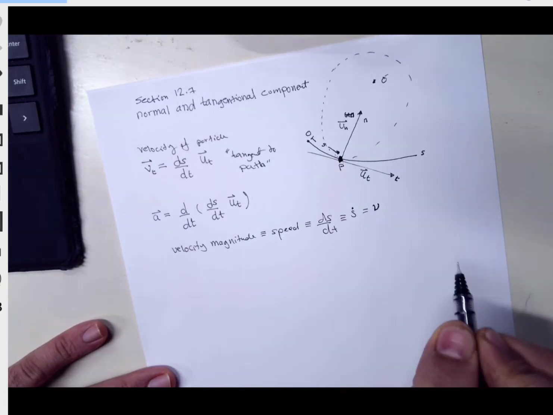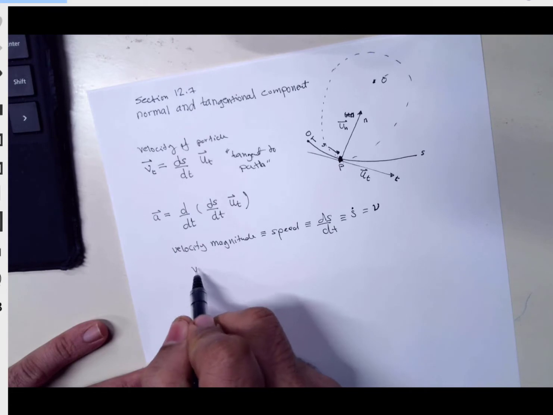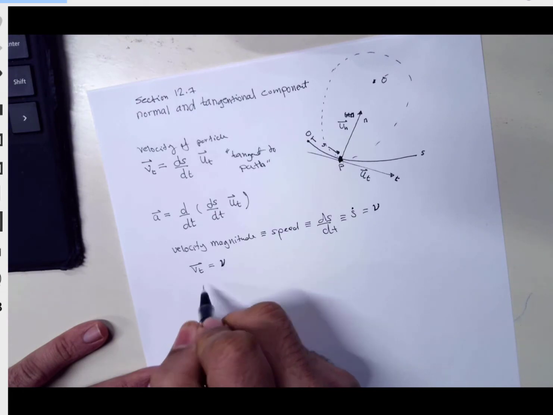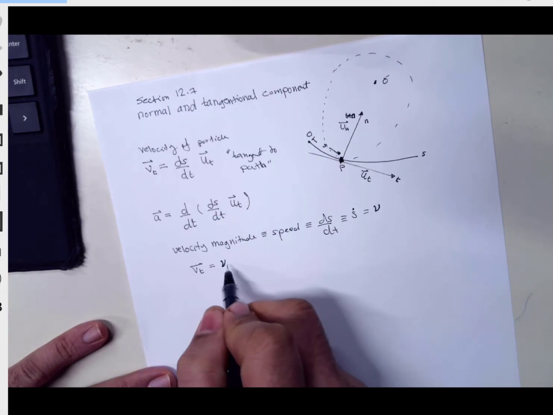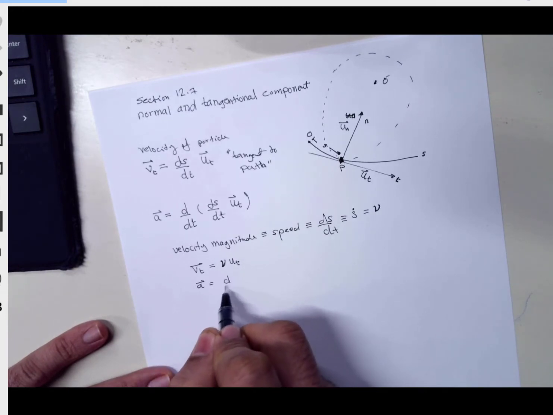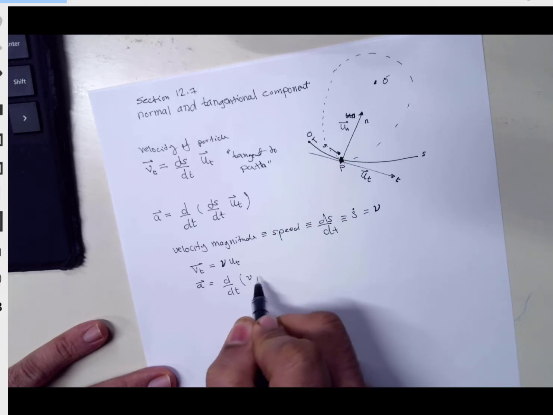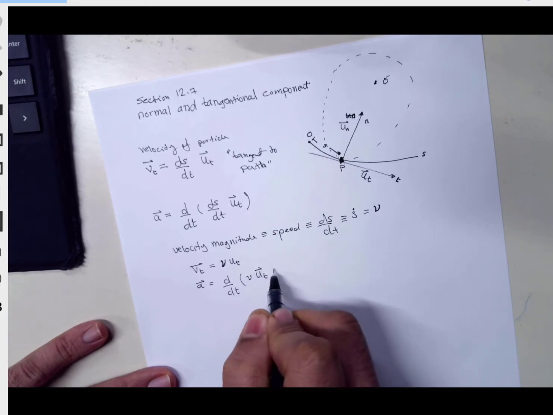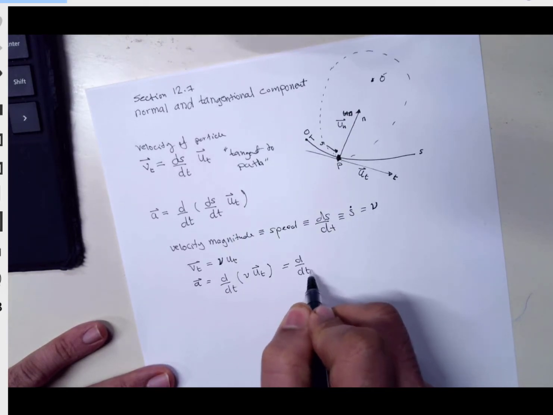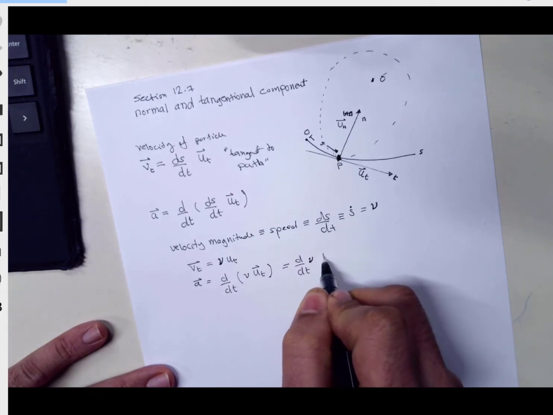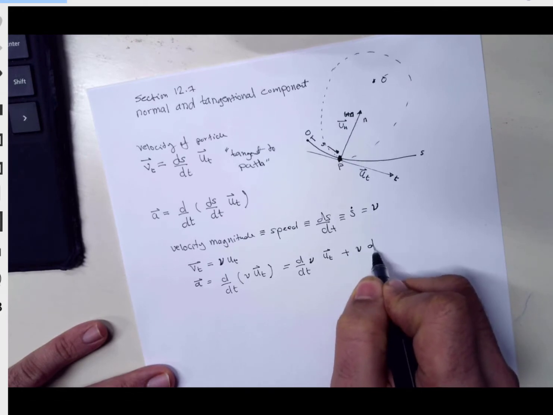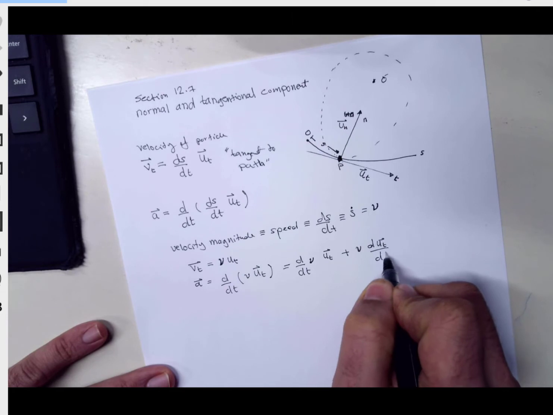All of them represent the same thing. So instead of writing the tangential velocity in that form, I can write it as v u_t, which is s dot u_t, right? So my a can be simply written as d over dt of v u_t, and that is equal to dv/dt multiplied by u_t plus v d u_t over dt.